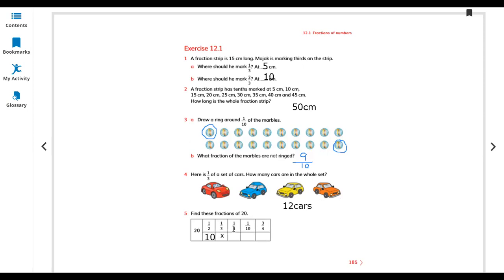For 1 by 4, if we divide 20 by 4, it's coming 5, 4 multiplied by 5 equals 20. For 1 by 10, if we divide, it's coming 2. 10 multiplied by 2 equals 20. And for 3 by 4, 20 divided by 4 is 5. 5 multiplied by 3 is 15. Up multiply and down divide. Something like this. Complete the table.